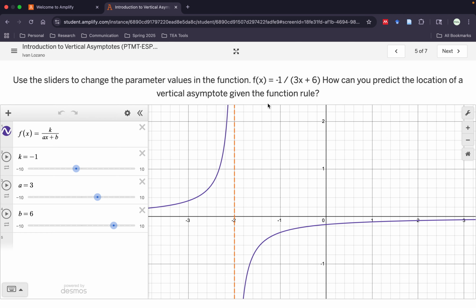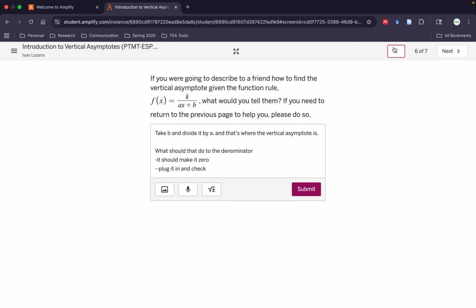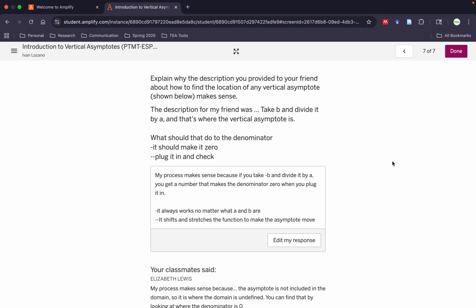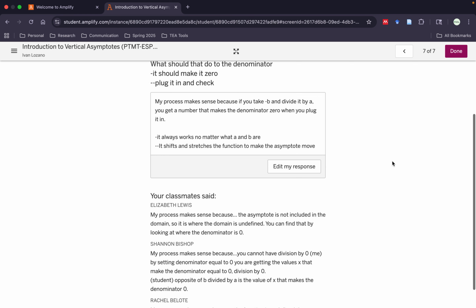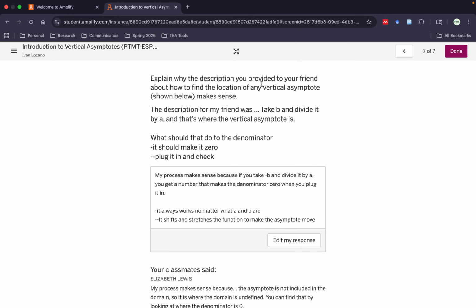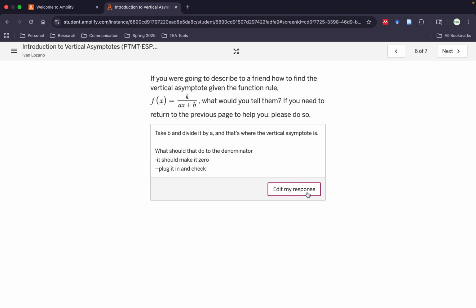How can you predict the location of a vertical asymptote given the function rule? Wait, was it given the function rule, right?